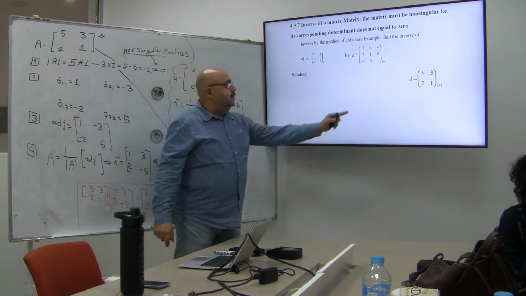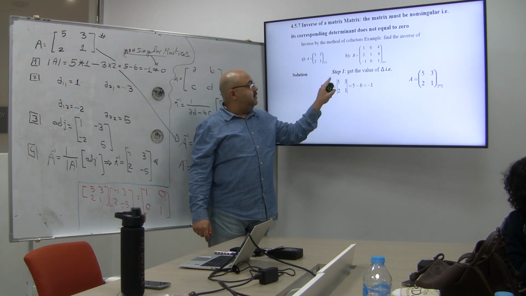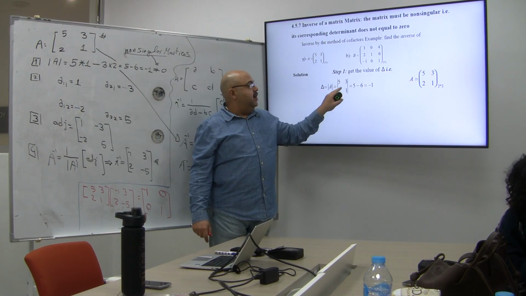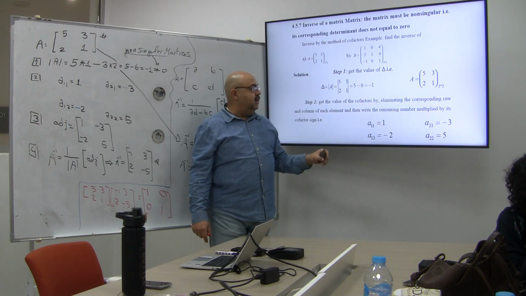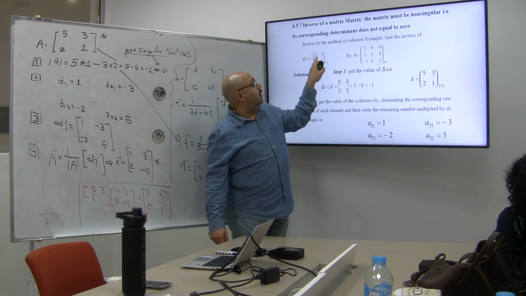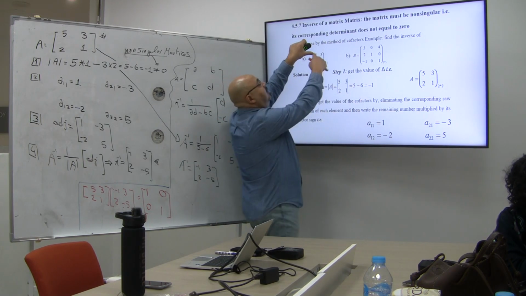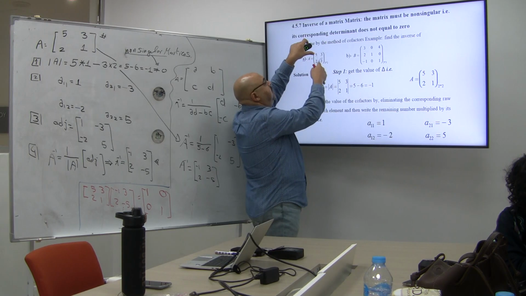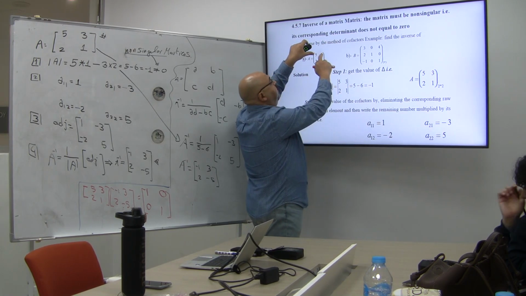The first step, this is your matrix. So I will get the determinant, which is simply 5 times 1 is going to be 5, minus 6, so it's going to be negative 1. Then I will start by eliminating the row and column at each corner. So element 1, 1, which is 5, I will eliminate the row and the column. The remaining one is 1. I will go for 1 and 2, which is 3.